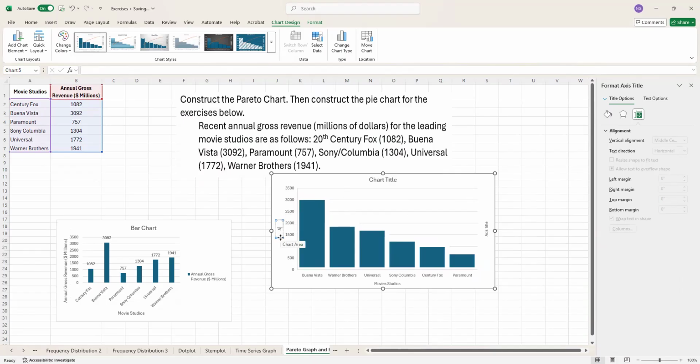That would be annual gross revenue in millions, right? Revenue in millions. All right. So we said this is the revenue in millions of dollars.